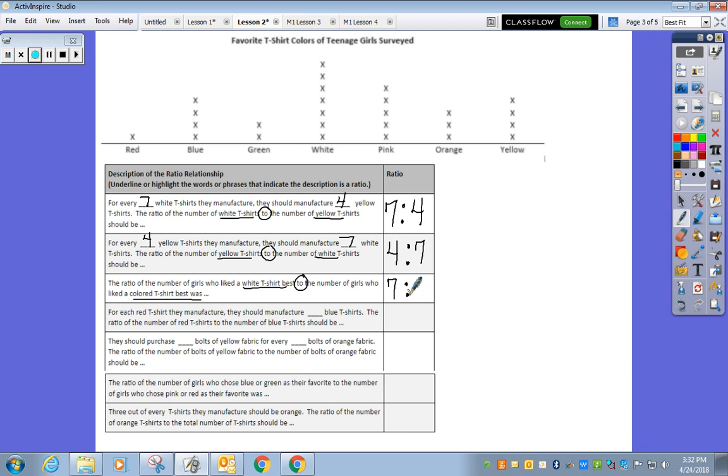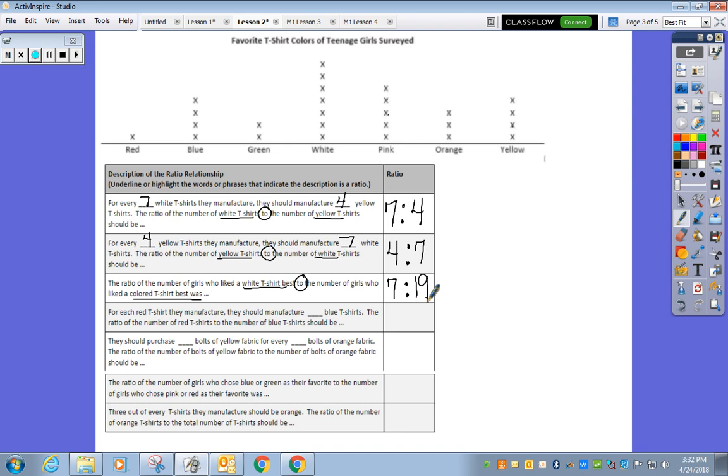And then we want to look at the colored shirts. So that's everything else besides white. So we've got red, blue, green, pink, orange, and yellow. We would want to count all of those X's. So we've got 1, 2, 3, 4, 5, 6, 7, 8, 9, 10, 11, 12, 13, 14, 15, 16, 17, 18, 19. So this is a 7 to 19 ratio of white to colored shirts.